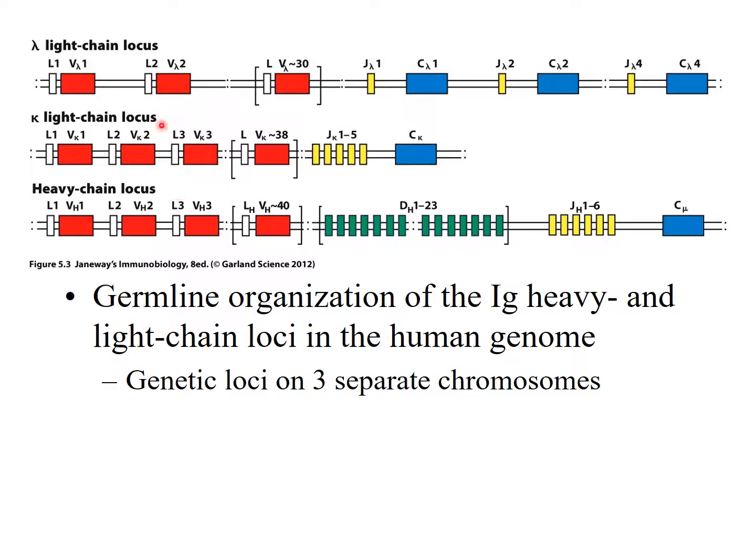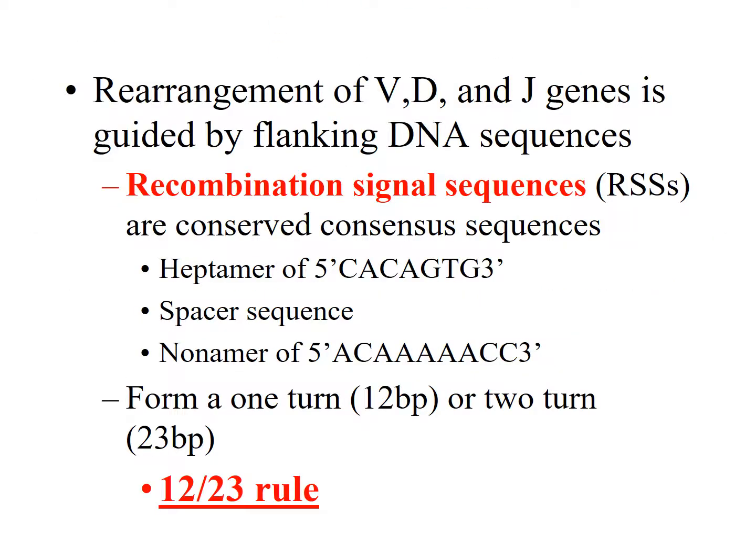These intervening sequences right in here, and these boxes, L1, L2, L whatever, you see here, the intervening sequences in between the J's, the D's, all of these are going to come into play, because embedded within them are specific DNA sequences, as you see with this heptamer, CACAGTG, and then some space, and then what they refer to as a nonamer, ACAAAACC.